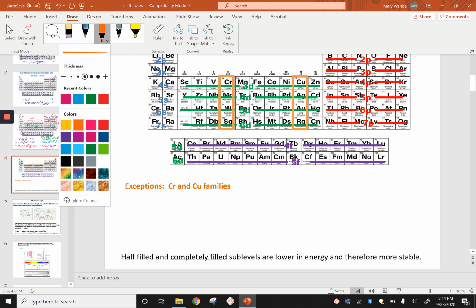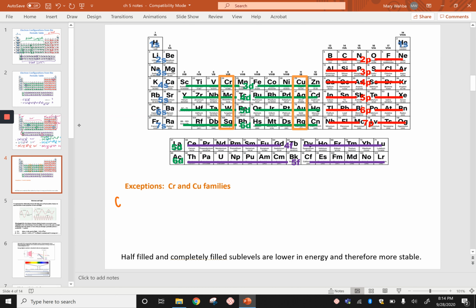Let me do it in orange to match. So let's say I want to do the electron configuration for chromium. This is how we would normally do it, based on what we learned. We would say argon is the noble gas that comes before it, and then 4s2 3d4. Let's do copper.